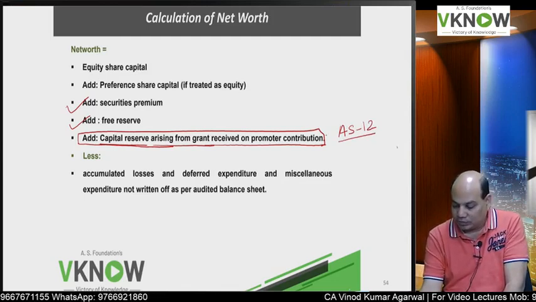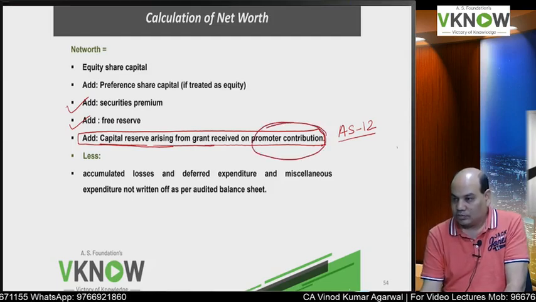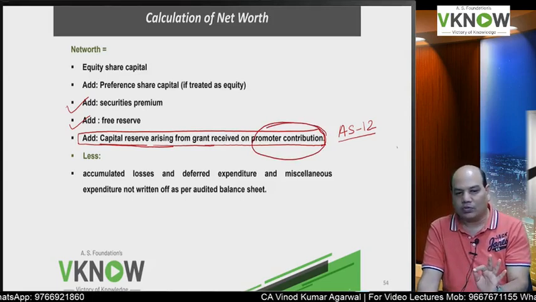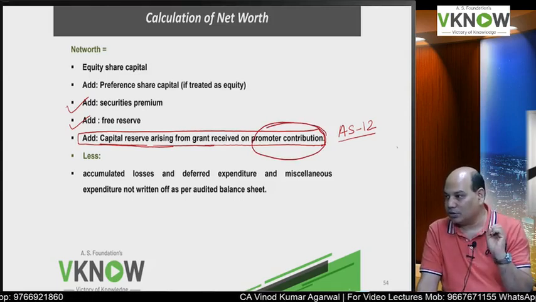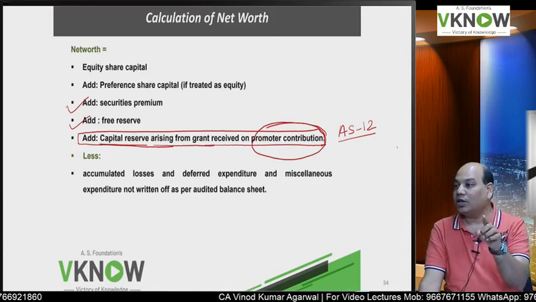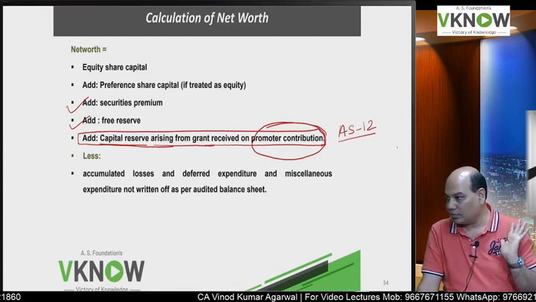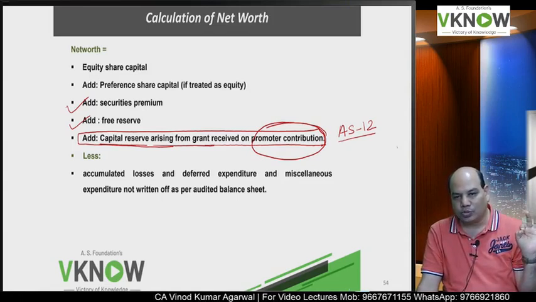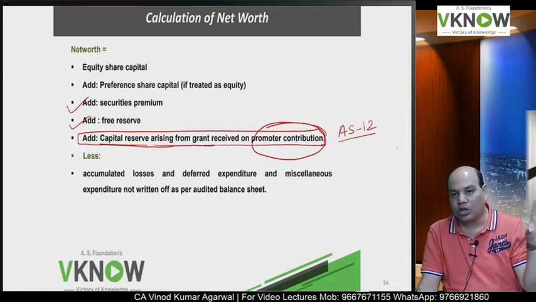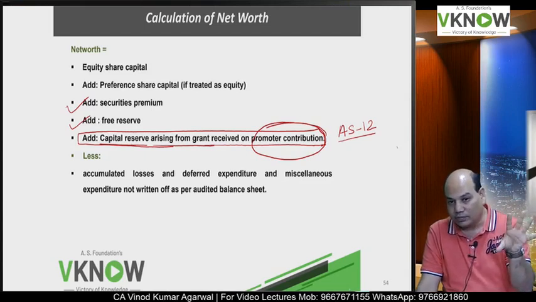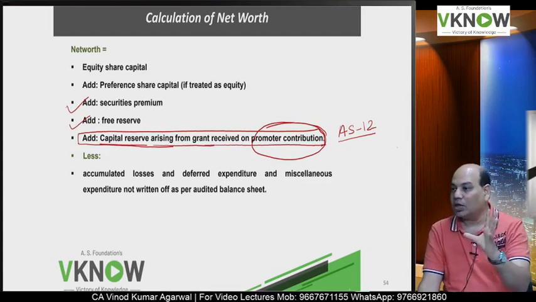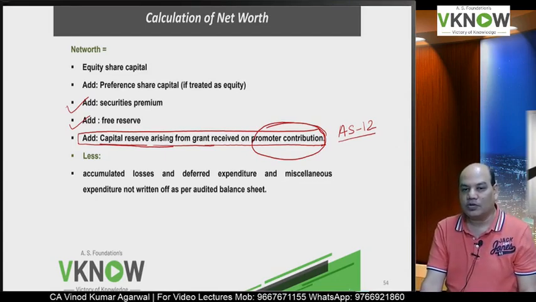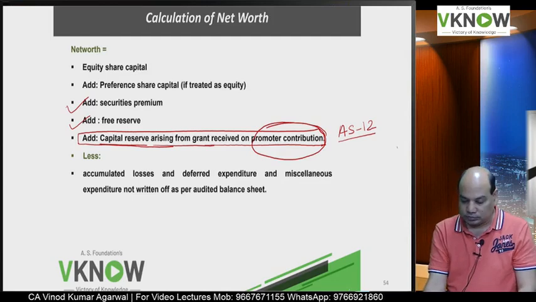Under that standard, you have studied grant in the nature of promoter's contribution or grant which are in the nature of capital subsidy. They are directly credited to capital reserve. If the capital reserve is grant in the nature of promoter contribution, as you have shown under accounting standard 12, that will be considered, but other capital reserve will not be considered.